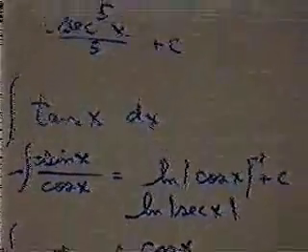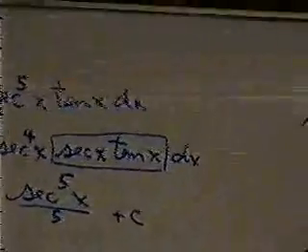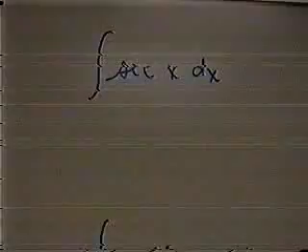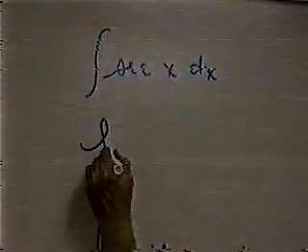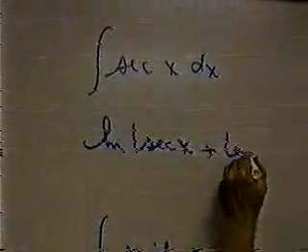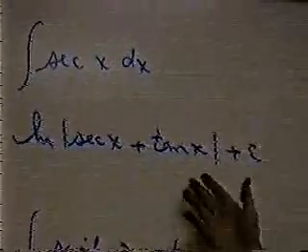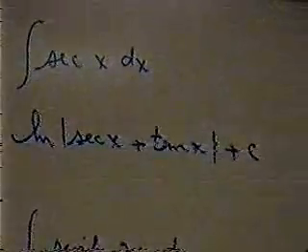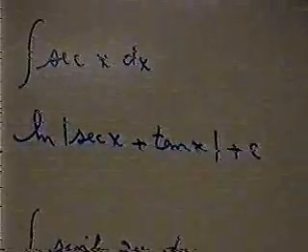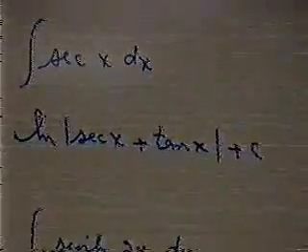Okay, now let's go to the next one. The integration of secant is just something you need to memorize, okay? Because you're going to have this several times when you go into trig substitution, basically that one.